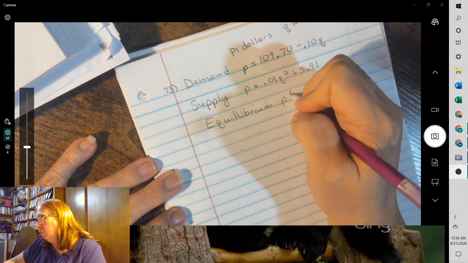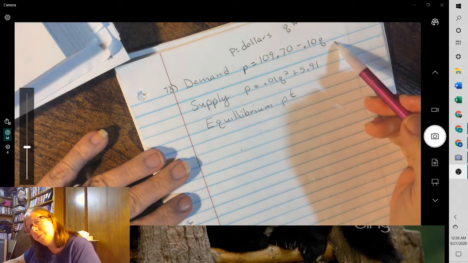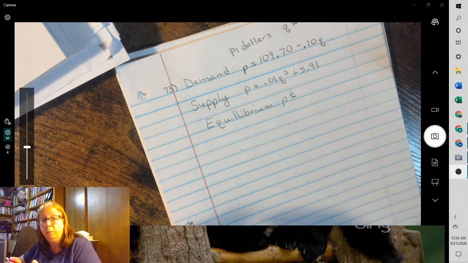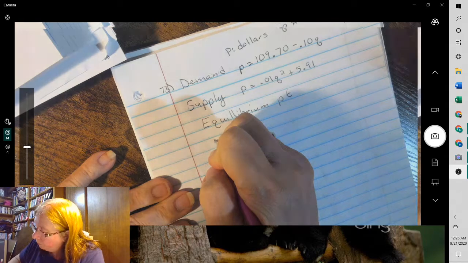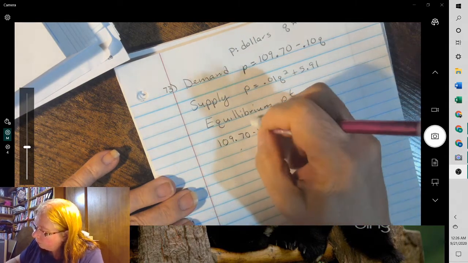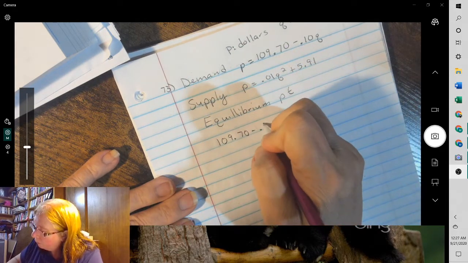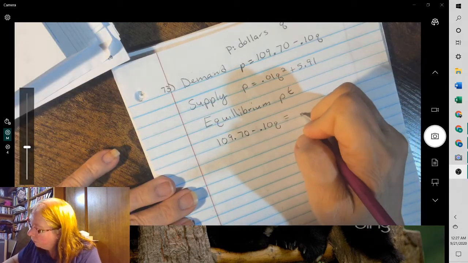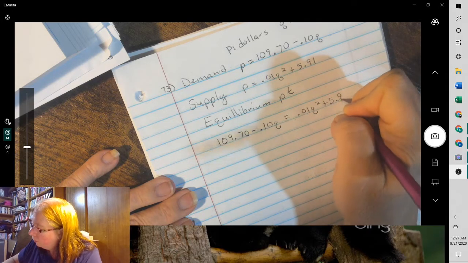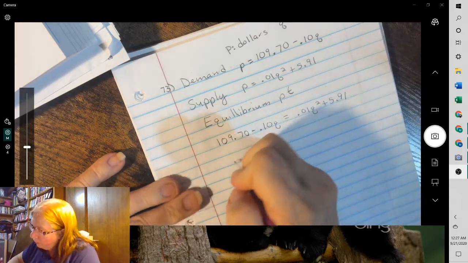We find the equilibrium point. We want to find what price we should sell them for and how many trees we will sell if we do that. Well, equilibrium point means that's where they are equal, so we want to set them equal to each other. To get it set equal to 0, we need to bring everything over to one side.